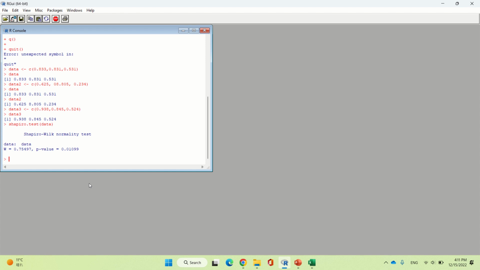Yes, it's a significant p-value. The cutoff value, 0.05 cutoff value.